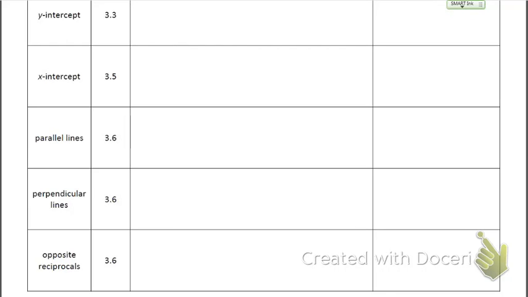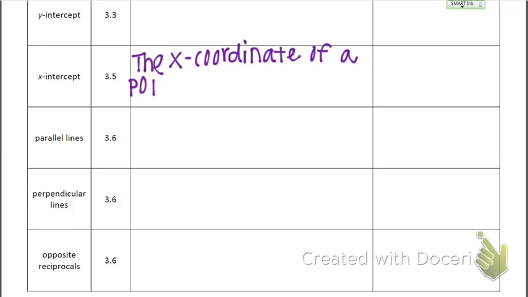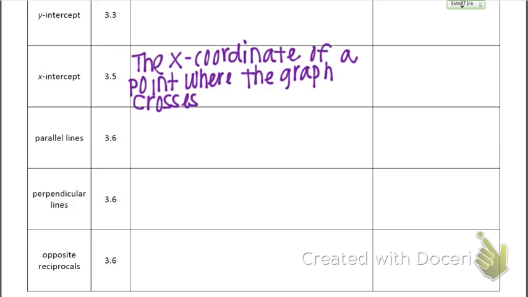So the x-intercept is the x-coordinate of a point where the graph crosses the x-axis.